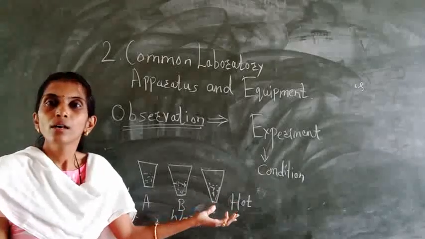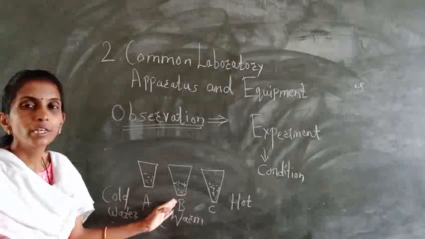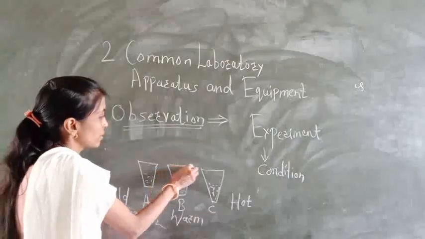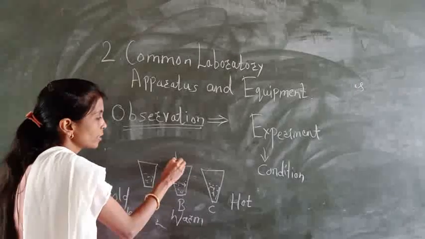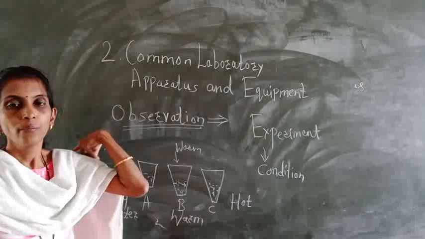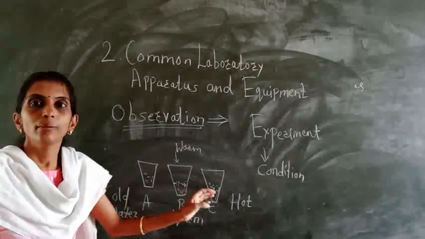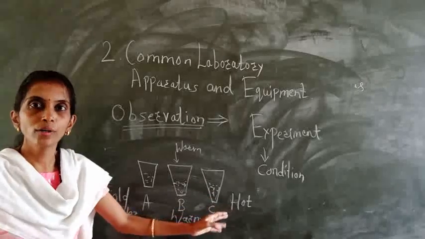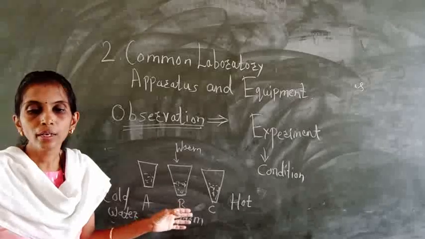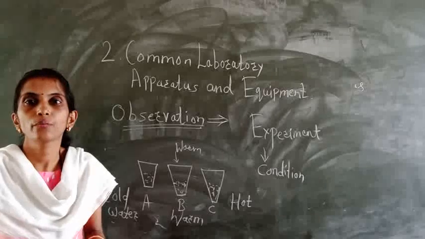You feel hot. And finally, if you keep the finger in glass B, you simply feel warmth. So from that we conclude that glass A contains cold water, glass C contains hot water, and glass B contains warm water. And finally we conclude about the coldness and hotness of the water.